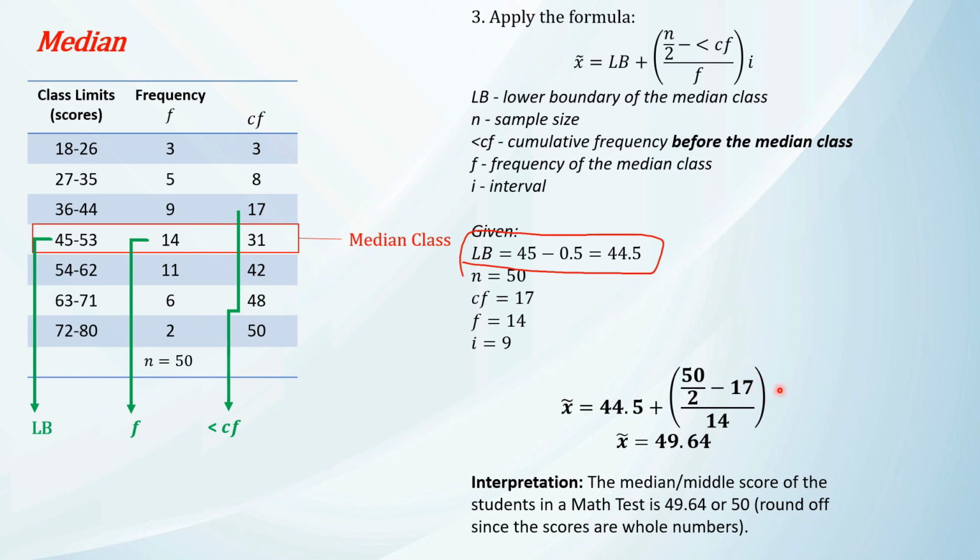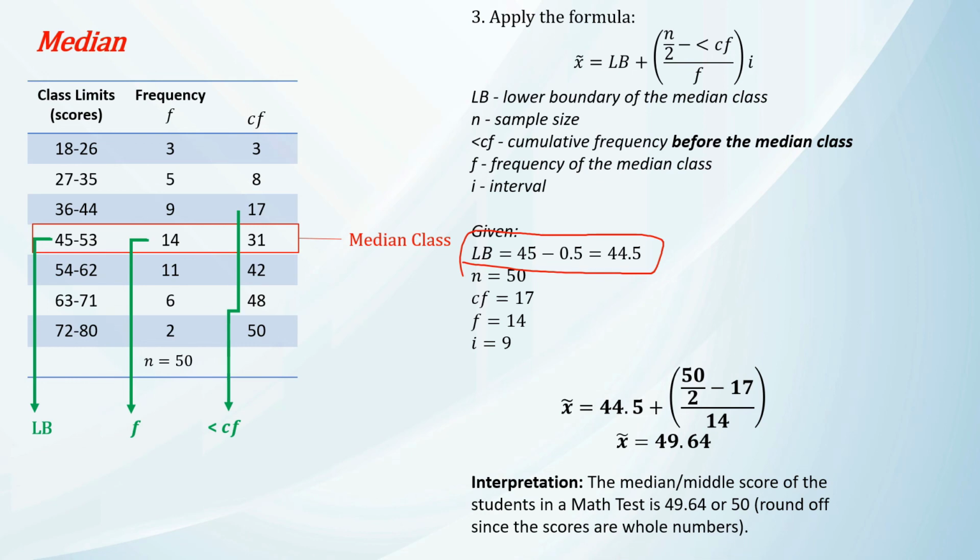By simplifying this, we will find the median equal to 49.64. So, the median or the middle score of the students in a math test is 49.64 or 50 because we are going to round off since the scores are whole numbers.